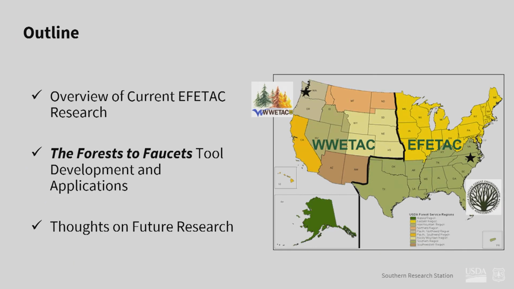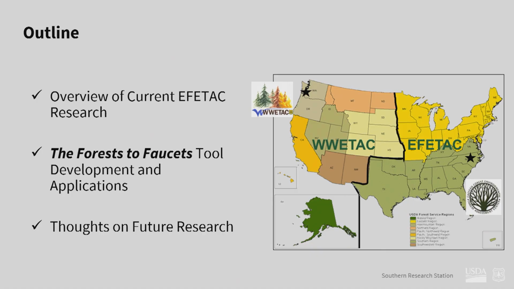Just a little introduction about the Environmental Threat Center. Within the Forest Service, we have two Environmental Threat Centers, one in the west and one in the east. The Eastern Threat Center is, as you can see from the map, basically east of the Mississippi River. We have different missions for the two centers.